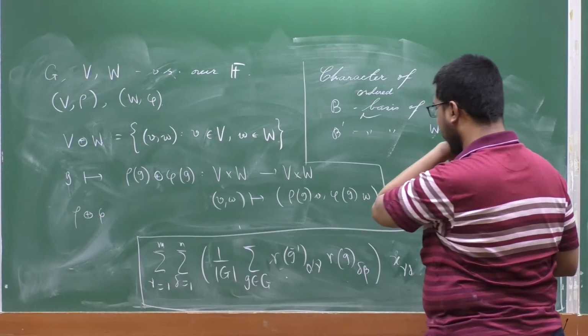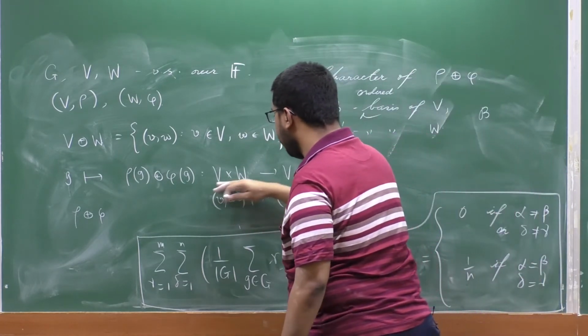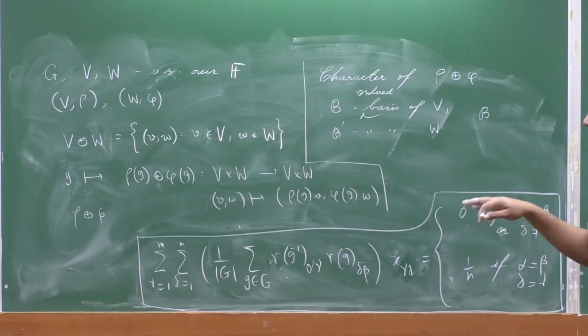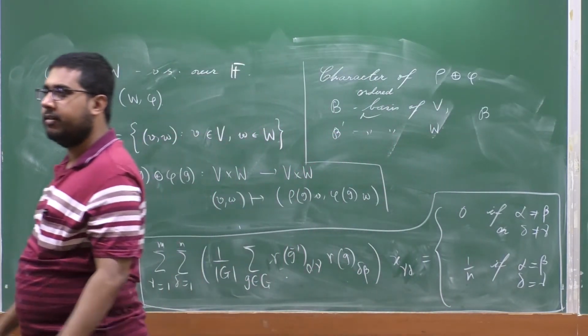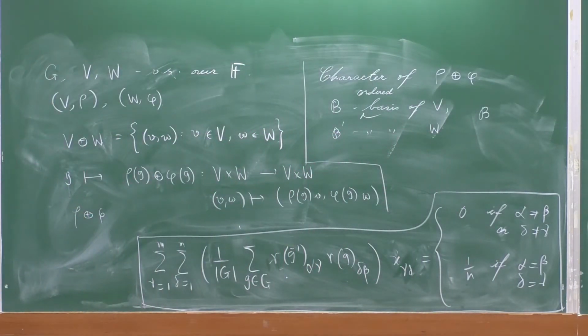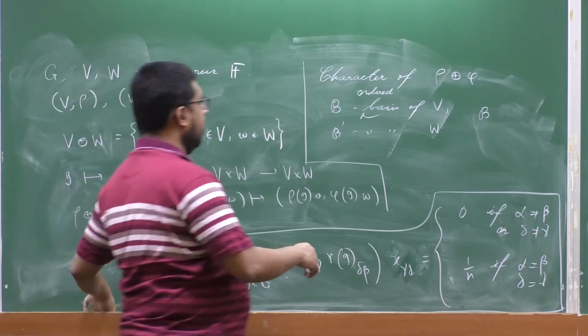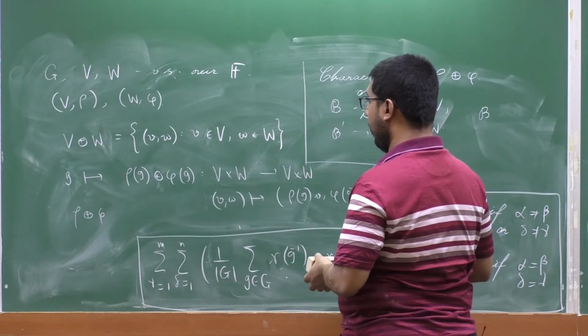from this you can immediately construct an ordered basis of the direct sum, right?